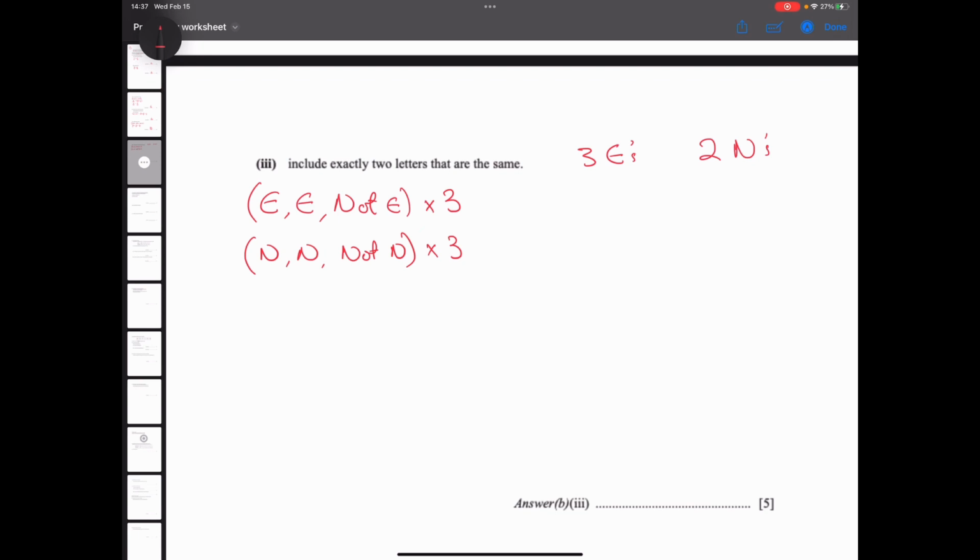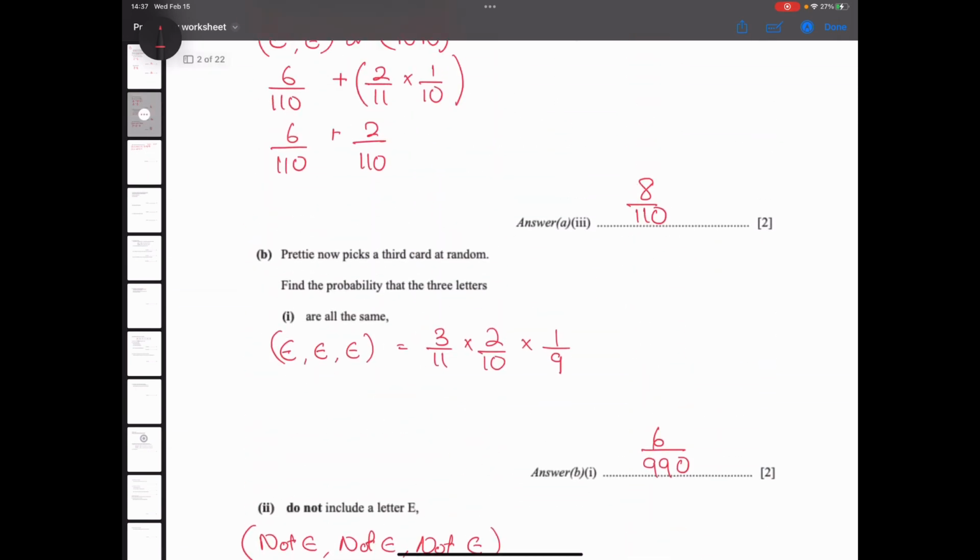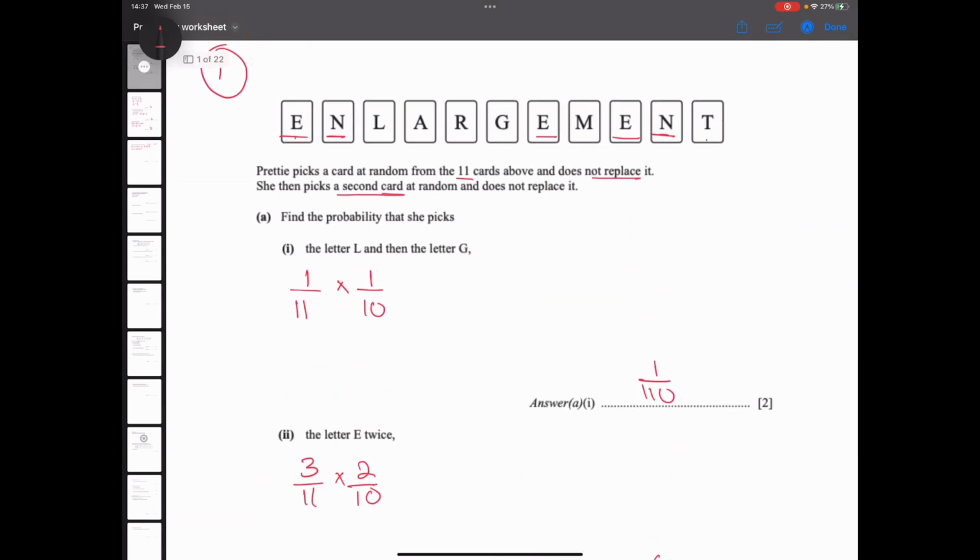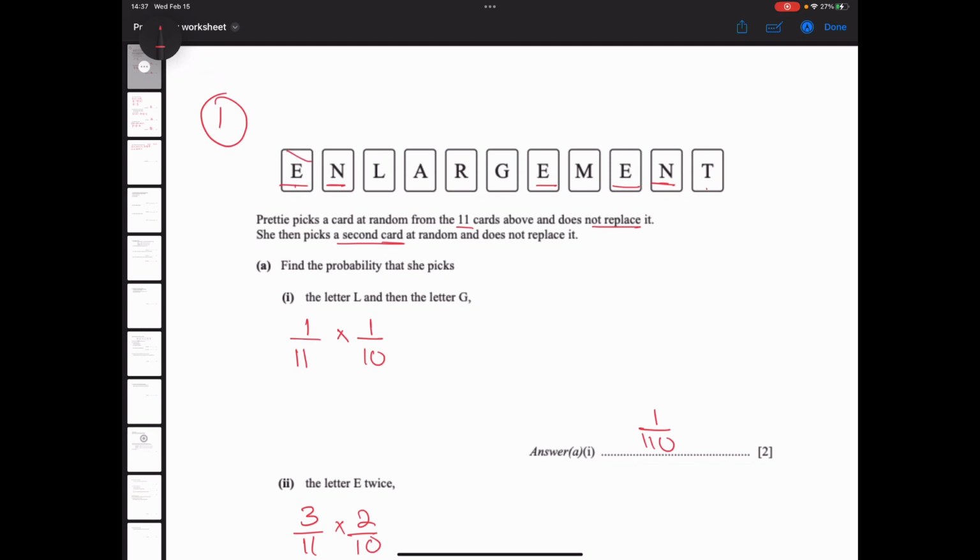When we get the first probability, the first E is 3 out of 11, the second E is 2 out of 10, and the remainder is not an E, which is 8 out of 9. You can ask me why it is an 8. I would have to go back and explain it to you. If I took E first, this is out. E second, this is out.